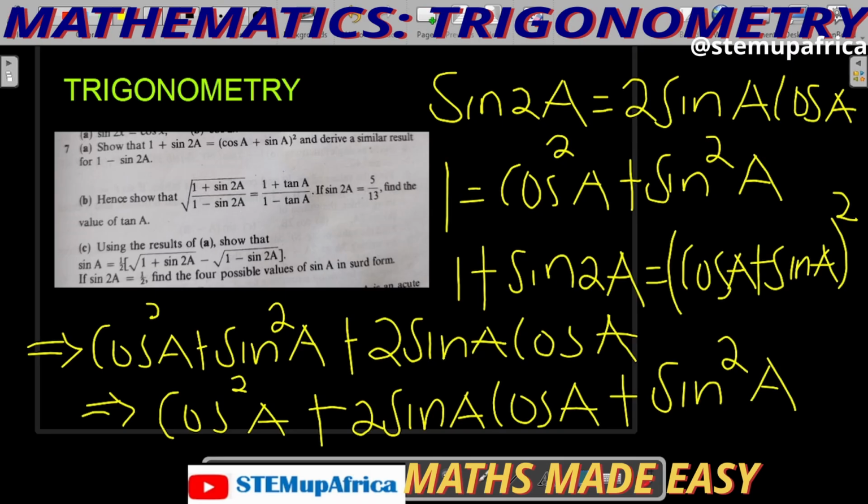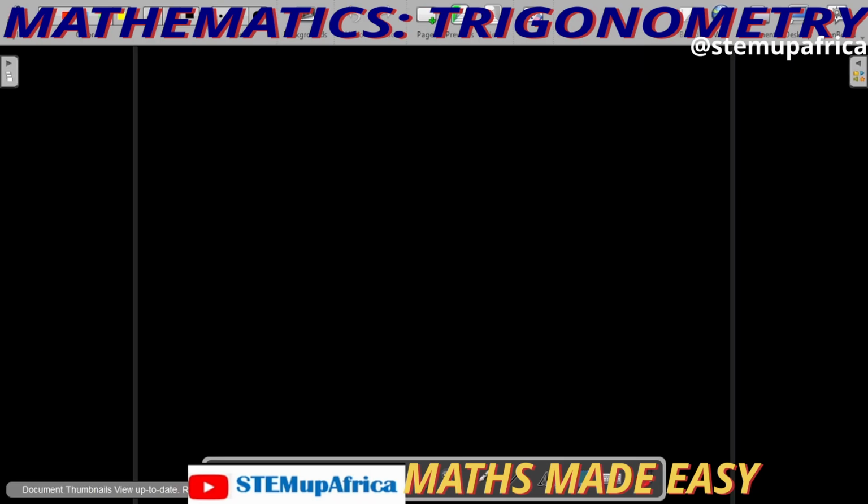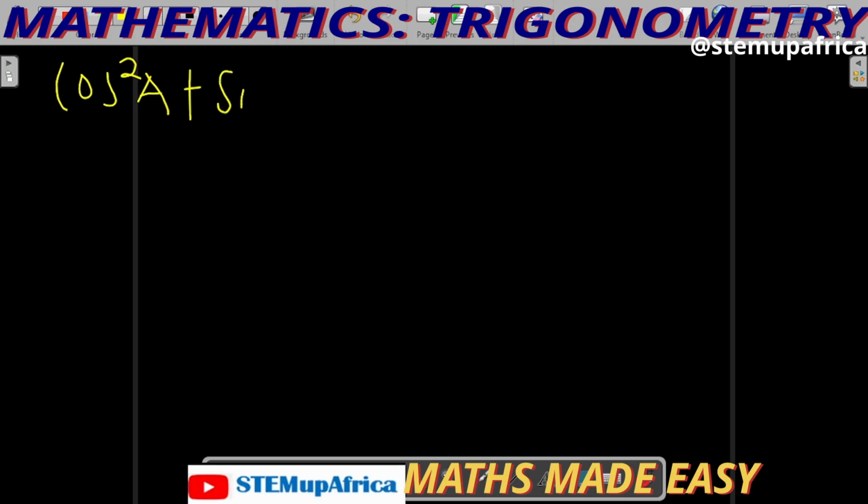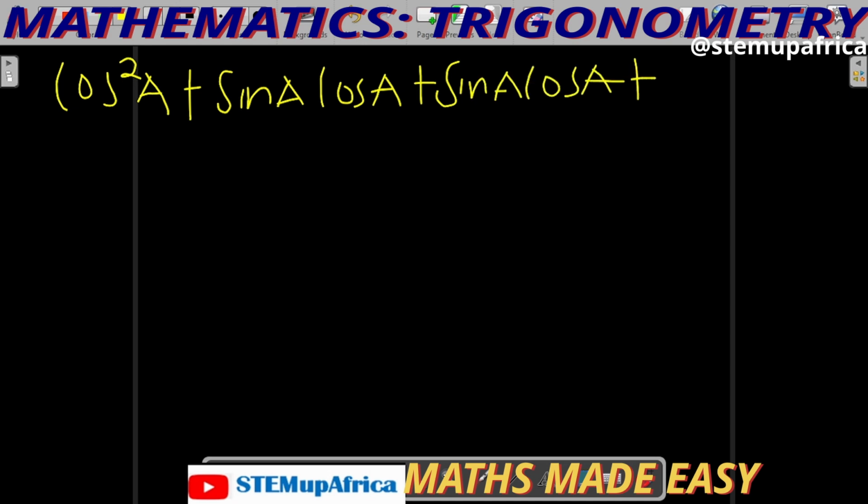So this is now a trigonometric function. What can we multiply to have 1? If we add, we have 2. The factor is 1 and 1. So I will simplify 2 sine a cos a as sine a cos a plus sine a cos a. So I'm going to have cos square a plus sine a cos a plus sine a cos a plus sine square a.